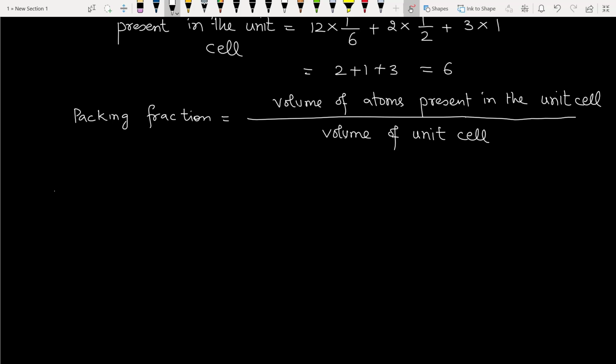So firstly we will calculate volume of atoms present in the unit cell.